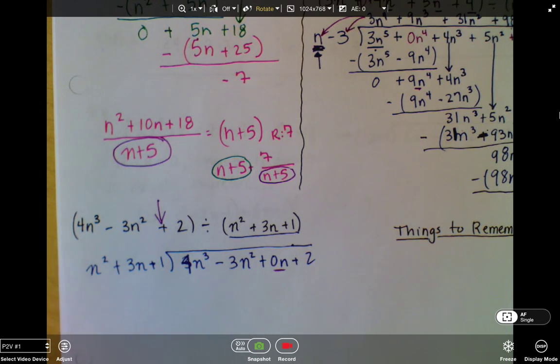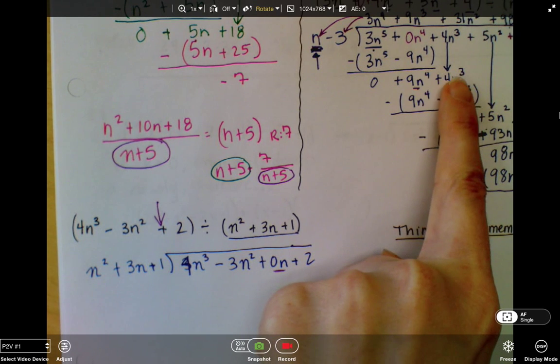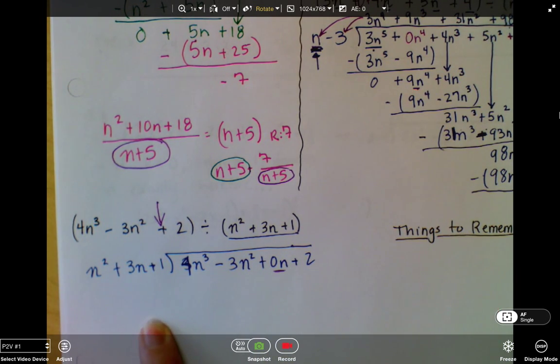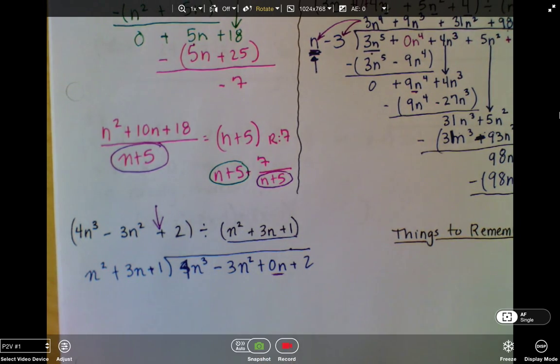So even if you were to learn other tricks like synthetic division, synthetic substitution or the remainder theorem, we'll look at some of those this year, some of them next year. But even if you learned those for linear into polynomials, you still have to know how to do long division for quadratics into something else.